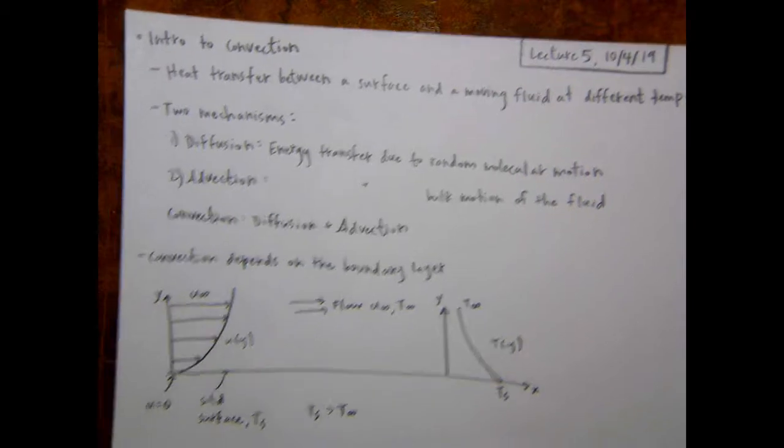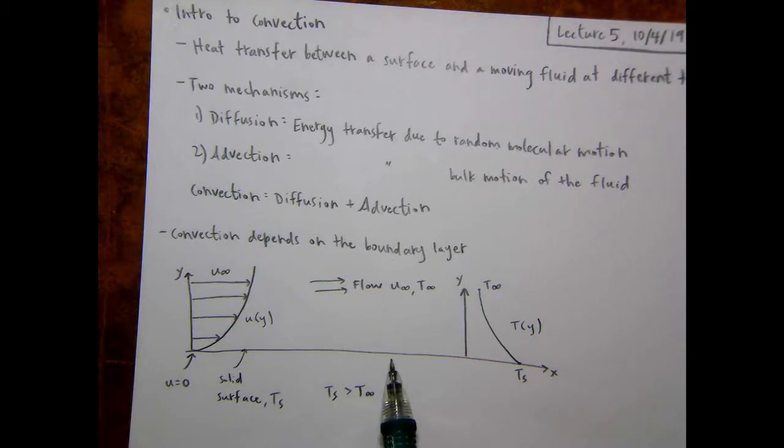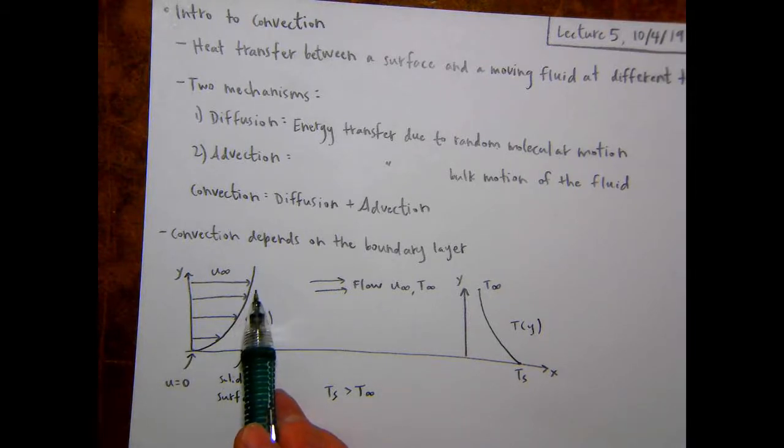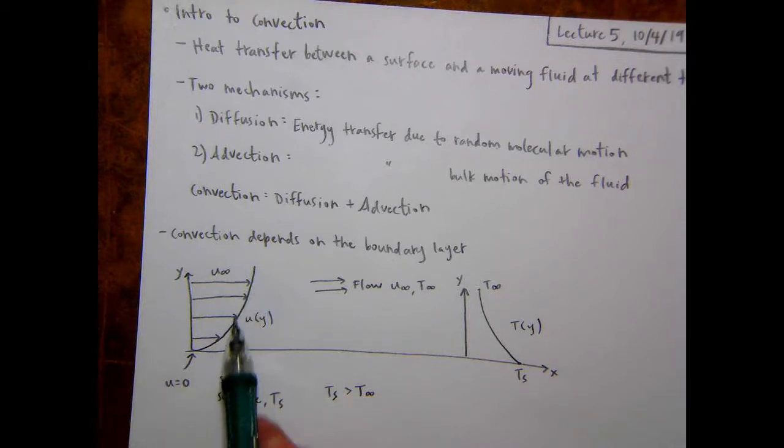We have a solid surface at a temperature Ts with a flow moving across it at velocity U infinity and temperature T infinity. From fluids, you should be familiar with the fact that at a solid surface you have zero velocity, and then the fluid forms a boundary layer as it moves across the surface. Eventually the fluid recovers to the ambient flow velocity U infinity.